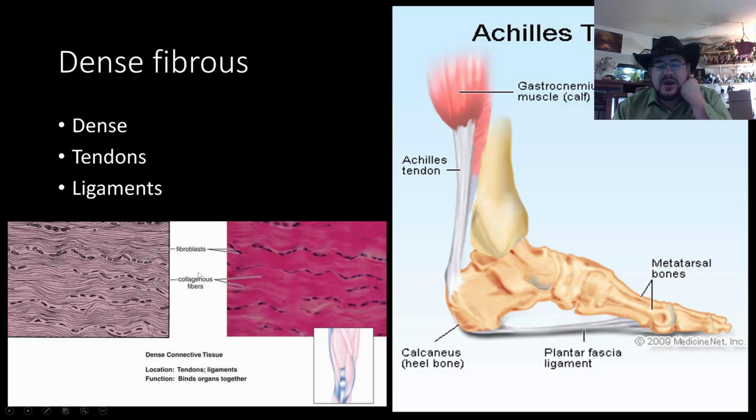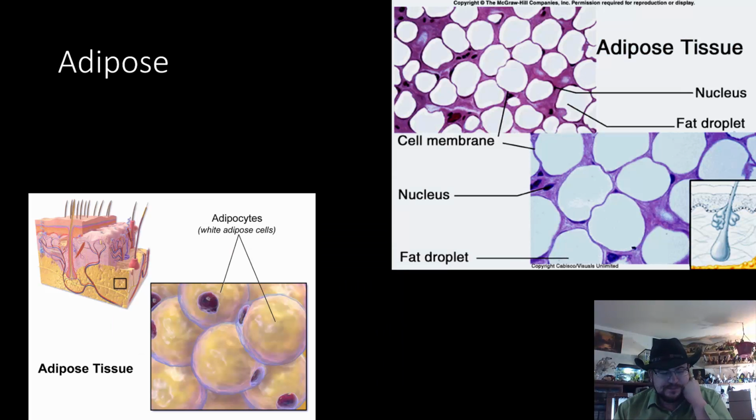I am pointing all these pictures out because these pictures might very well show up on your exam, and you'd have to recognize the type of connective tissue based on the picture, like the connective tissue in that heel, which was loose fibrous, and the connective tissue in this cellular image, these dense layers of collagen, are dense fibrous connective tissue. So we're picture heavy because I reserve the right to throw them on the exam.